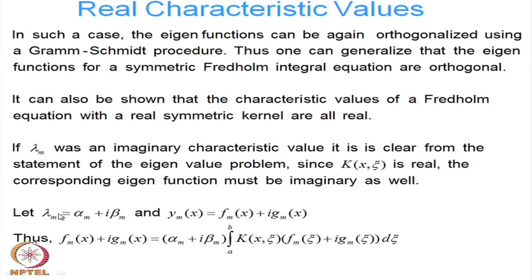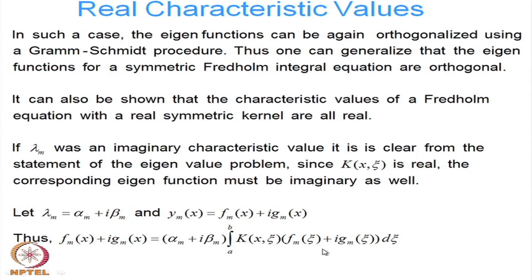So, let us look at a situation where I have an imaginary eigenvalue, and I know that in that case my eigenfunction has got to be imaginary as well. I can write it in this form: alpha m plus i beta m is my imaginary eigenvalue, and this is my imaginary eigenfunction.